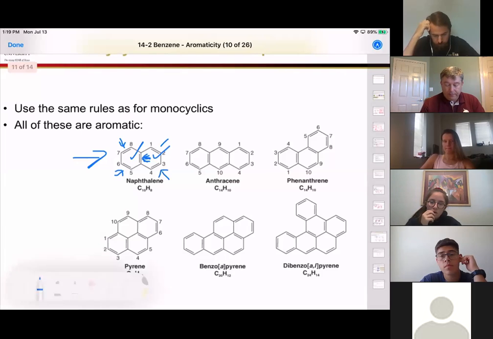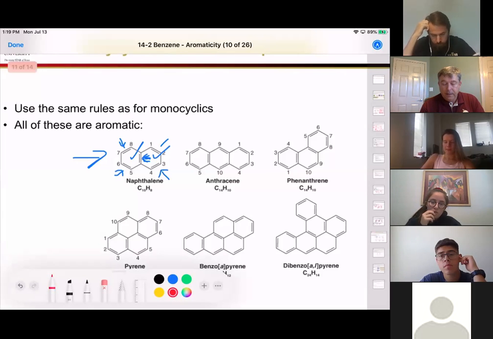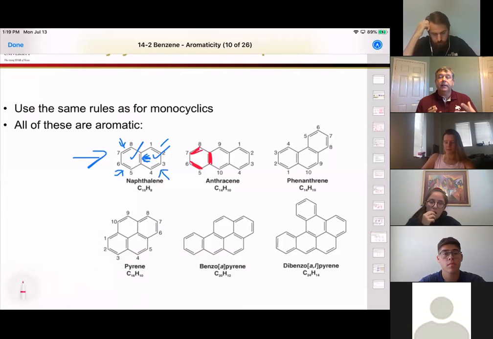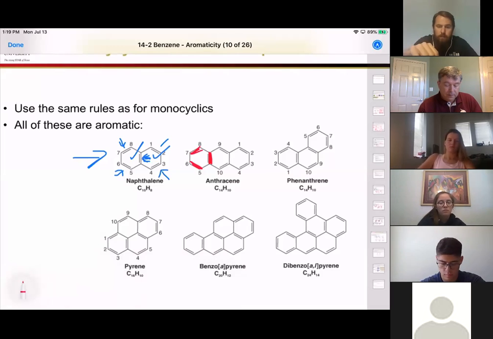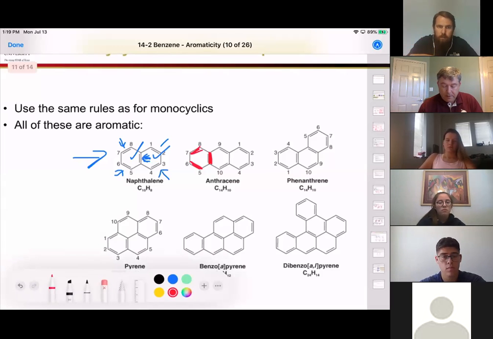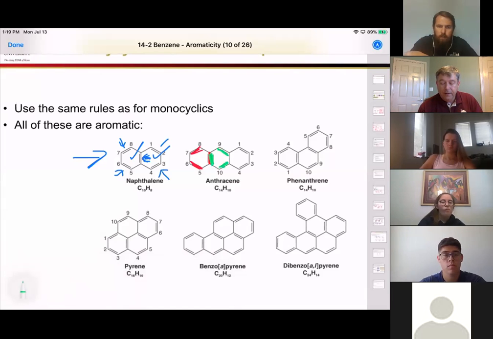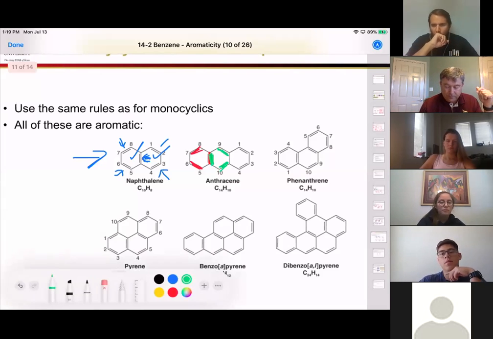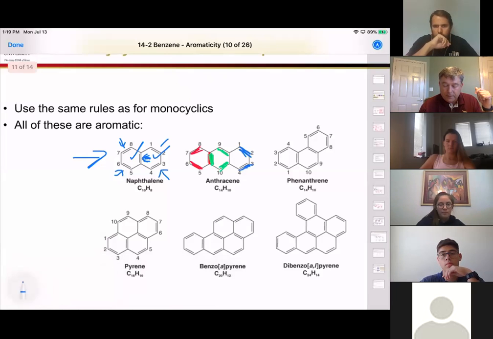So if we look at anthracene here, we have 2 electrons here, 2 electrons here, 2 electrons here, 6 electrons, that ring's aromatic. Let me change colors here. 2 electrons here, 2 electrons here, 2 electrons here, 6 electrons, that ring's aromatic, okay? Now it's going to get hard. We got 2 electrons here, we got 2 electrons here.